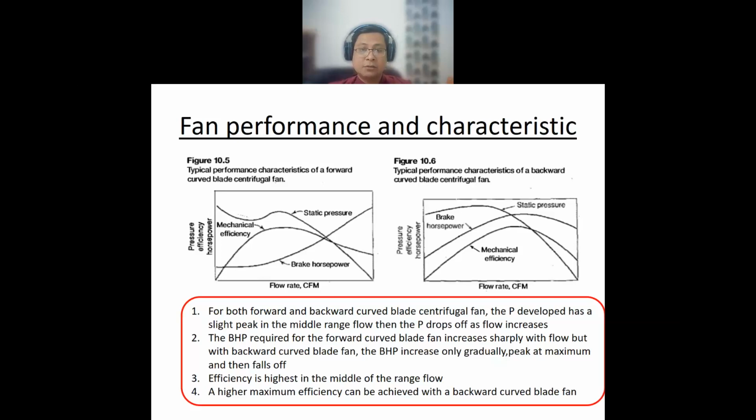So from these three performance curves, we need a cross section to reach a good performance for all three. So we need to meet this from the characteristic.